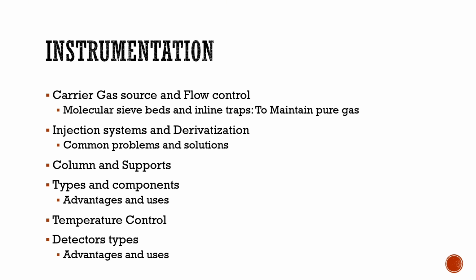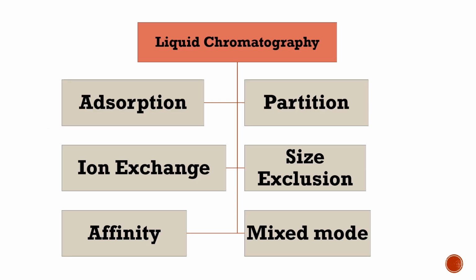You have to know the common problems and solutions in the gas chromatography system, the types of column and supports, as I mentioned before, and the types and components of chromatography. There are different types of gas chromatography. You have to know the advantages and uses. And as I told you, if you learn it from practical experience, you will learn it better. Also the temperature control, how it affects the elution of the sample, and the types of detectors.